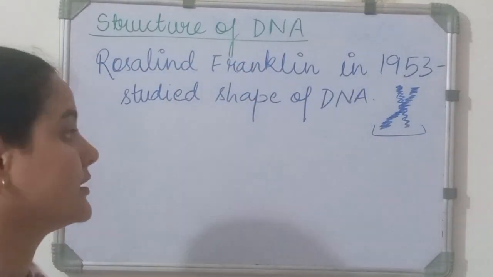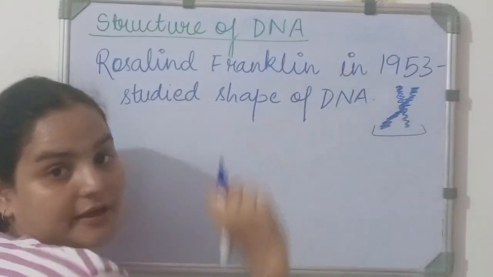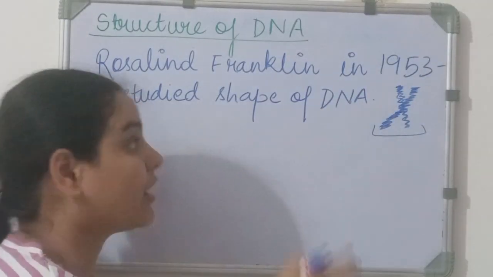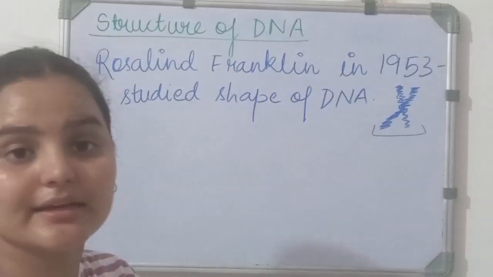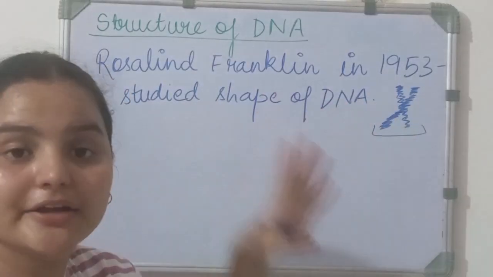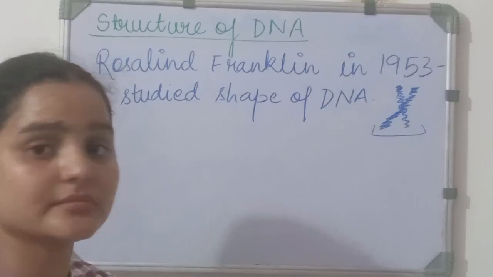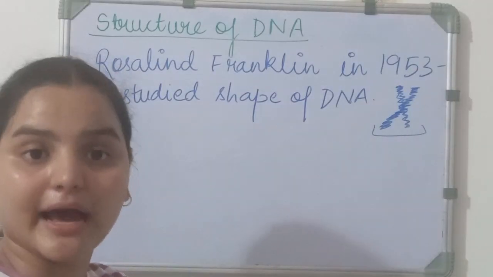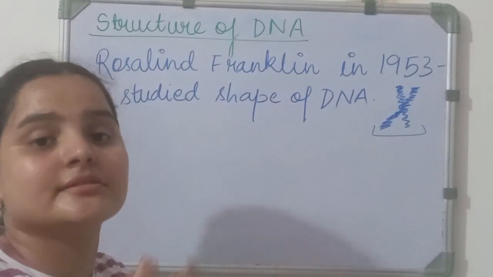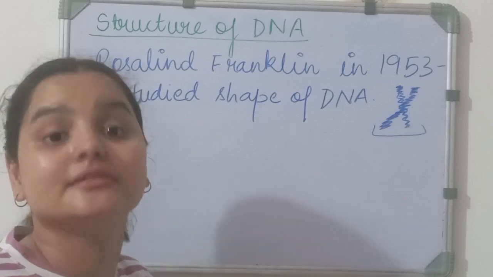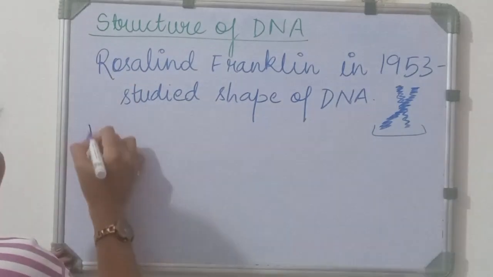Her partner took the image and went, without telling Rosalind Franklin, to Watson and Crick, and the three of them combined and published the further structure of DNA, which is known as the double helix model.